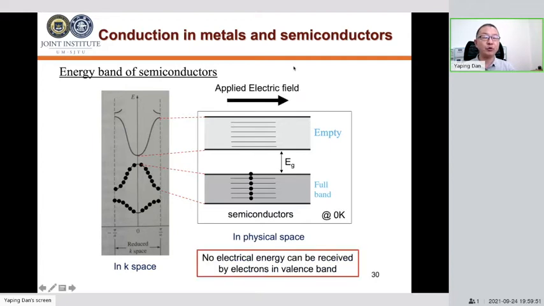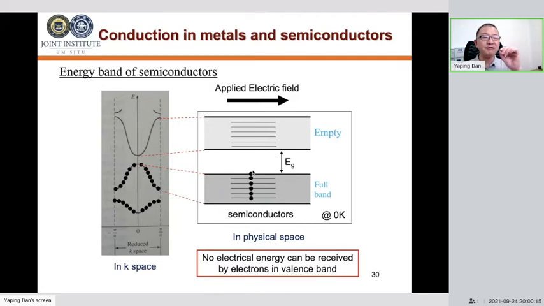Now, if you apply an electric field over here, the electric field of course tries to accelerate all the electrons in this material. So the electrons will experience a force trying to accelerate them.